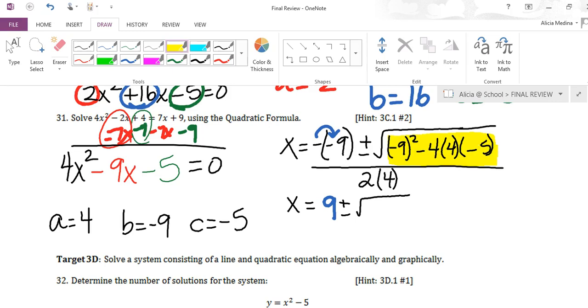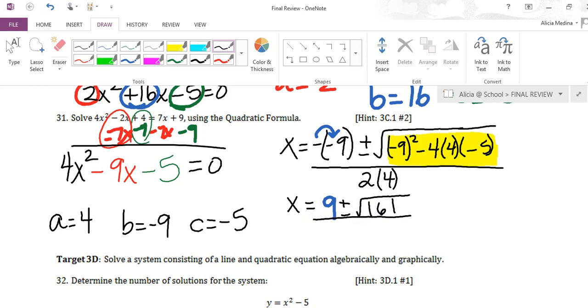So go ahead and substitute all the terms, simplify some stuff by hand, and plug it in your calculator using the parentheses: 9 squared minus 4 times 4 times a negative 5, and that should give you 161. Notice how I put that underneath the radical, because we still hadn't taken the square root of it.